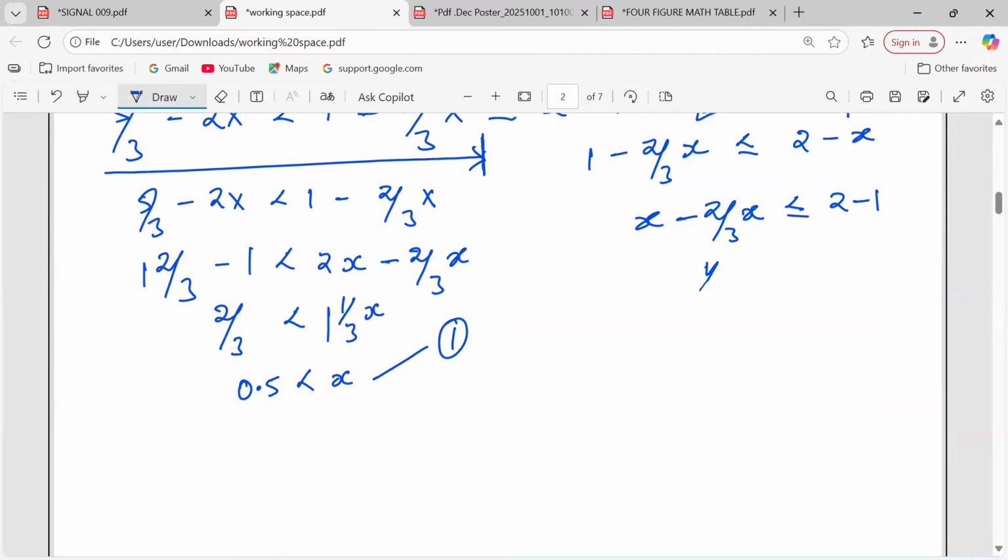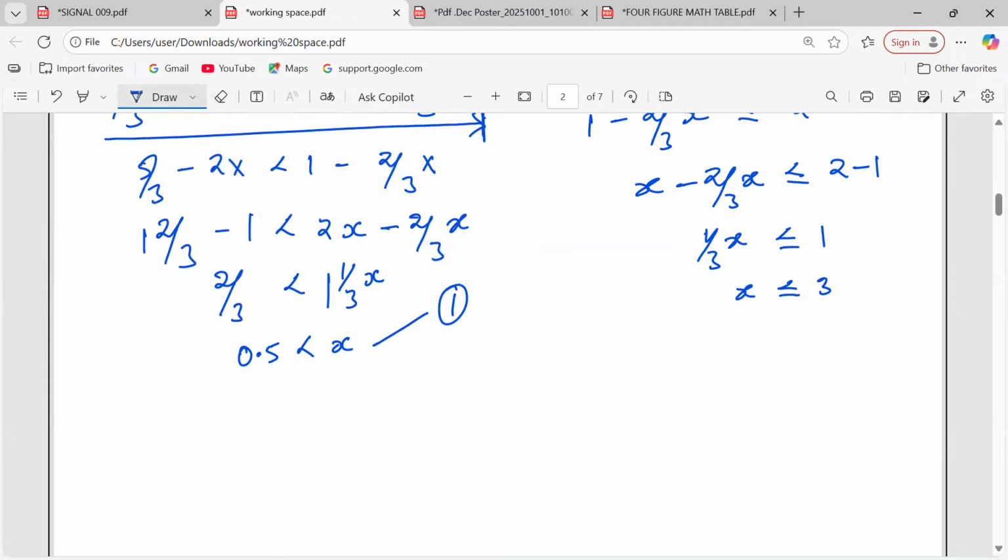It shall be a third x, 1. You see that? Now we can multiply through by the value of 3, so that we remain with x. And instead of 1 now, we shall be having 3. Like that. So now we have two simple statements, 0.5 being less than x, and x being less than or equal to 3. That means x ranges between 0.5 and 3.